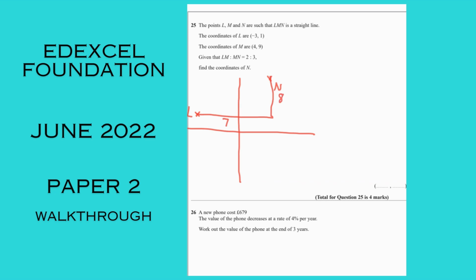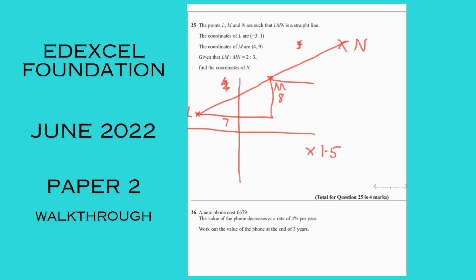Now let's carry on. Given that L to M to M to N, in other words, that distance there carries on. N is somewhere up here. But here's the key. If that's 2 whatevers, because it's not a distance of 2, then that's 3. Or in other words, the multiplier is 1.5.